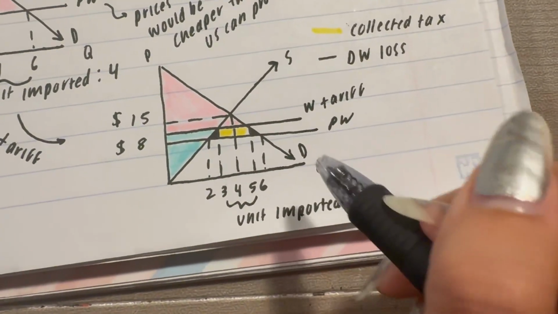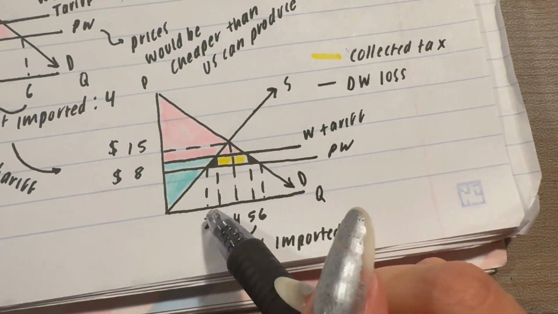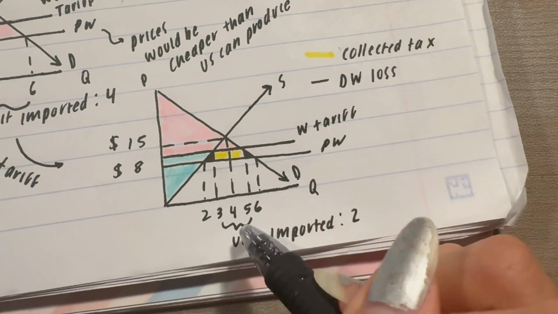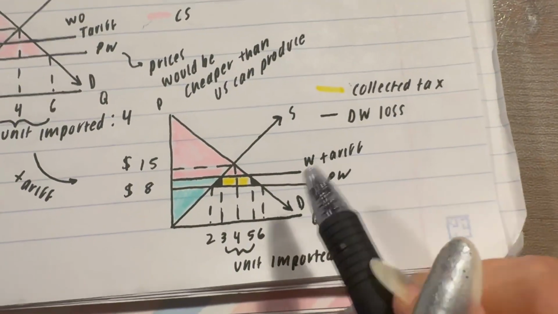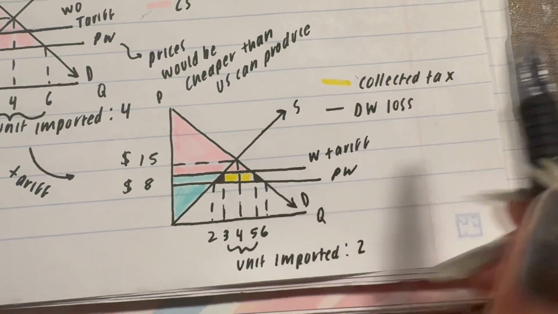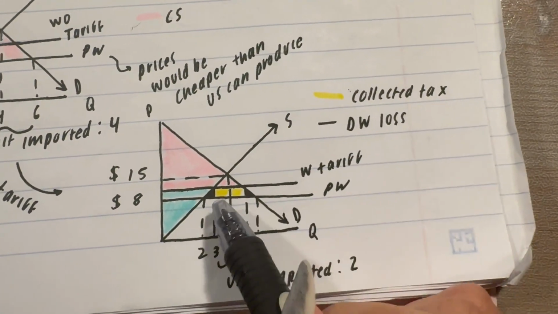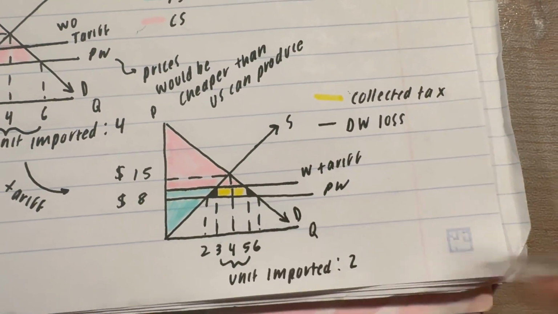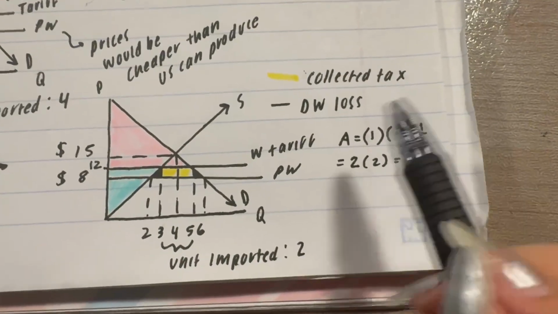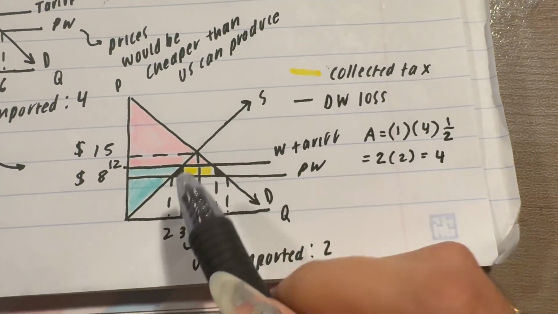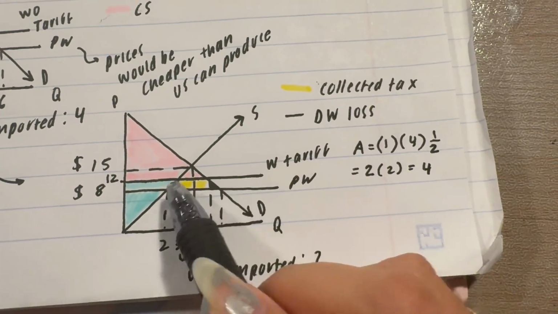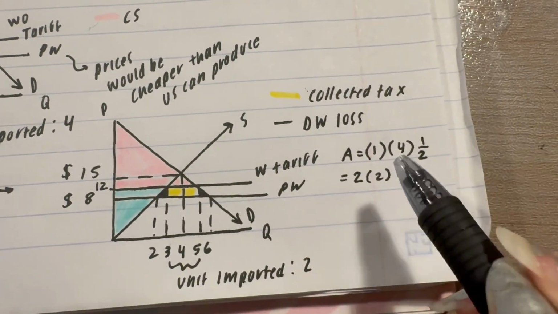So looking at the units imported, where you could get 4 units imported before, it would now become 2 units. The collected tax would be this box right here, and the deadweight loss would be these triangles right here. So the total area of the deadweight loss would be 4 when you're taking the base and then the height of these singular triangles and then multiplying that by 2.